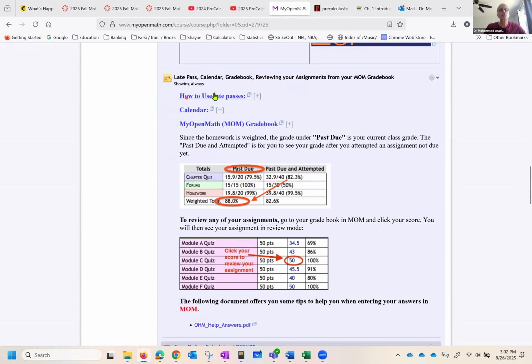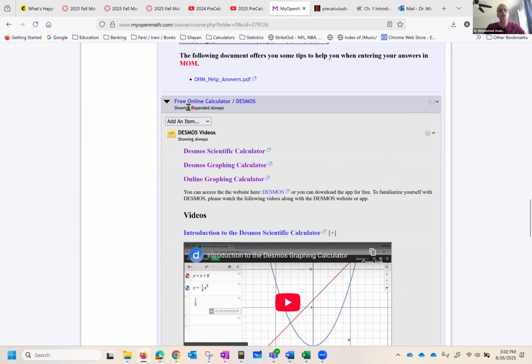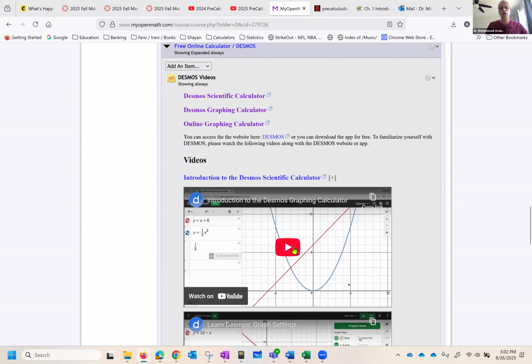Then, how do you use a late pass, My Open Math Gradebook, and so on. Free online calculators. We've already discussed that. There are more here. And one of them is Desmos calculator that I also have some videos for you on how to use it.